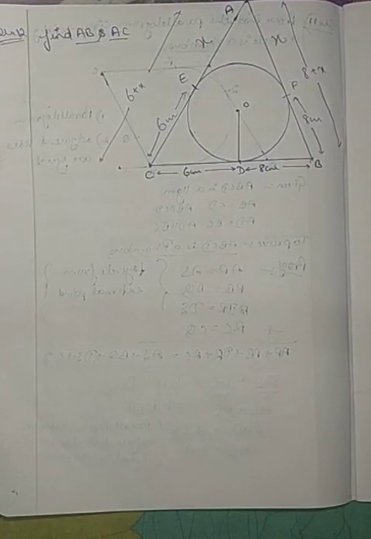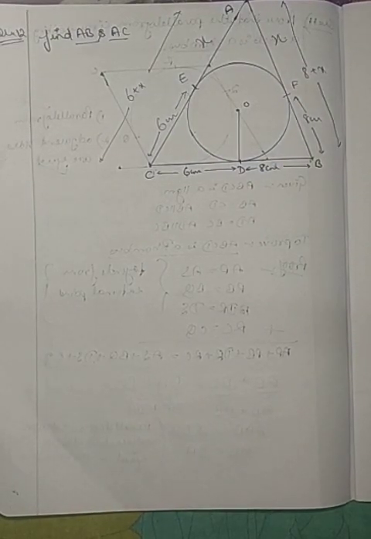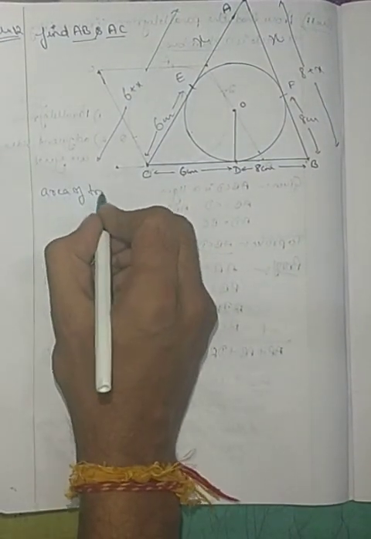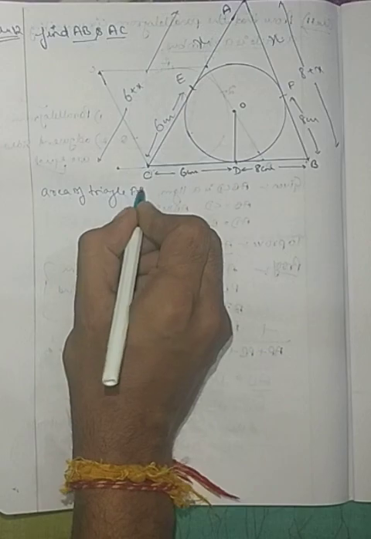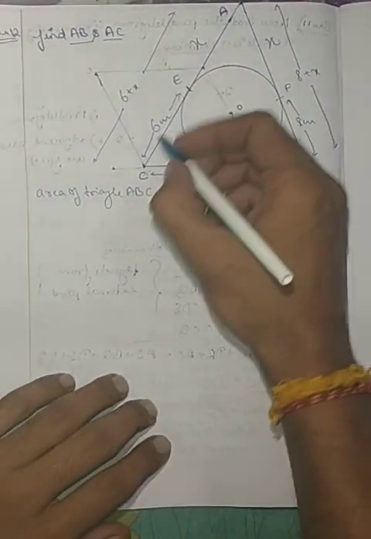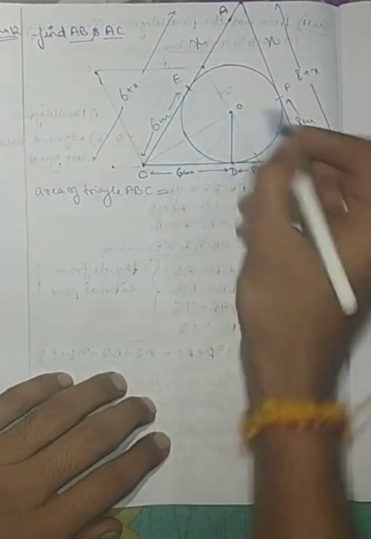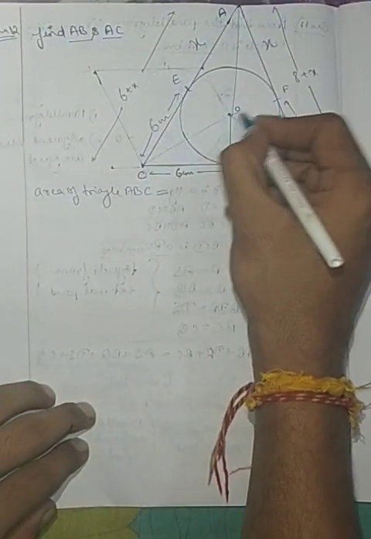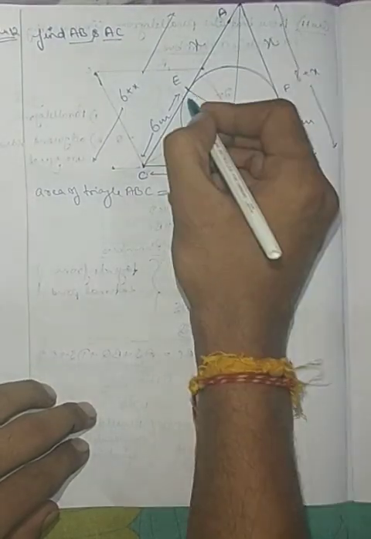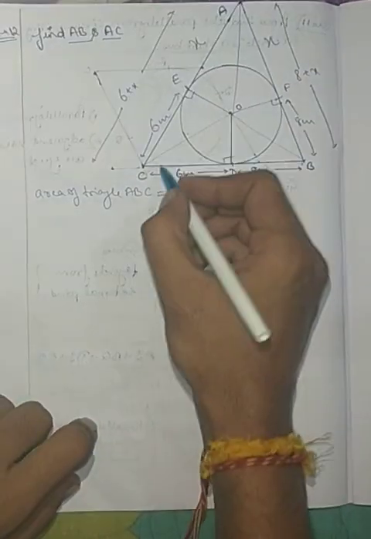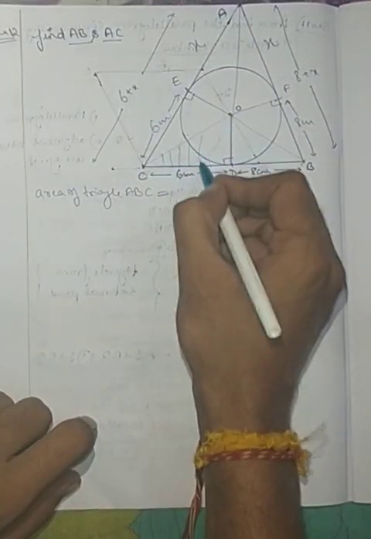Now, what we are going to use here? We will be using the area of triangle ABC, and we will divide it into 3 triangles. Join these. This is 90 degree, this is 90 degree, this is 90 degree. So we have divided it into 3 triangles. First is this one.